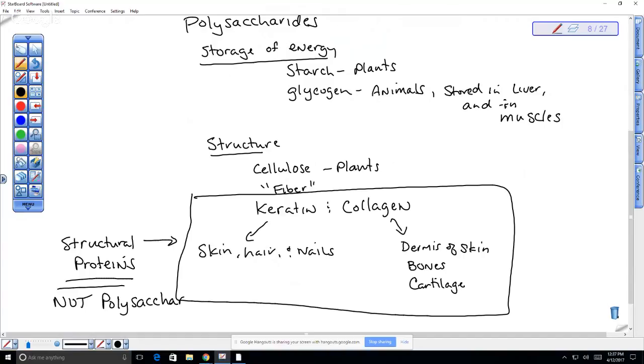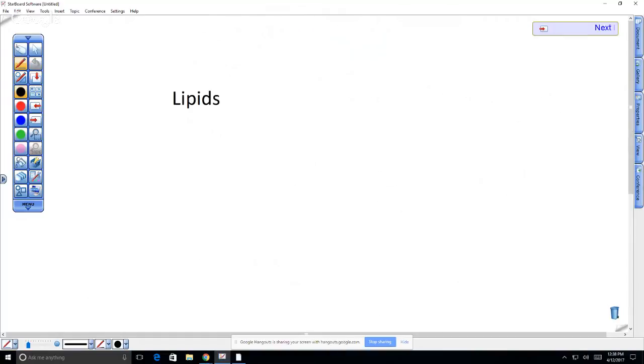Oops, I knew we didn't have polysaccharides in our skeleton. Cellulose is a polysaccharide. Insect exoskeletons are actually made of sugar as well. We cannot digest them. So those are structural proteins. Okay, that was embarrassing.